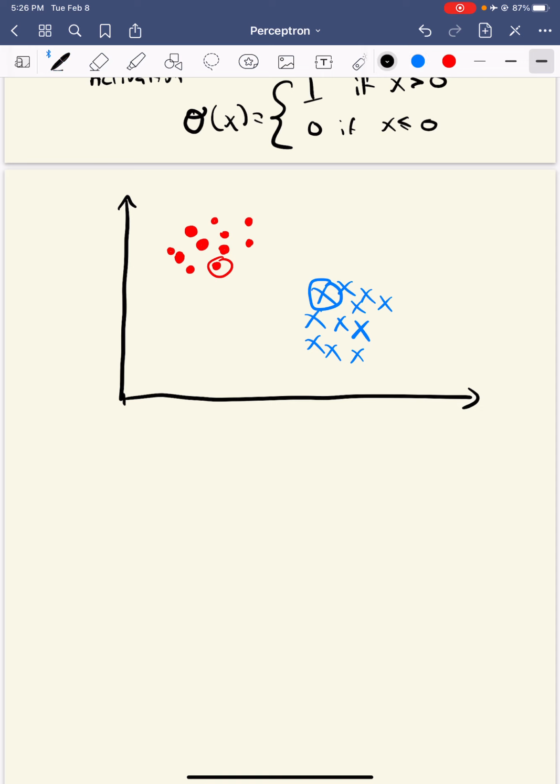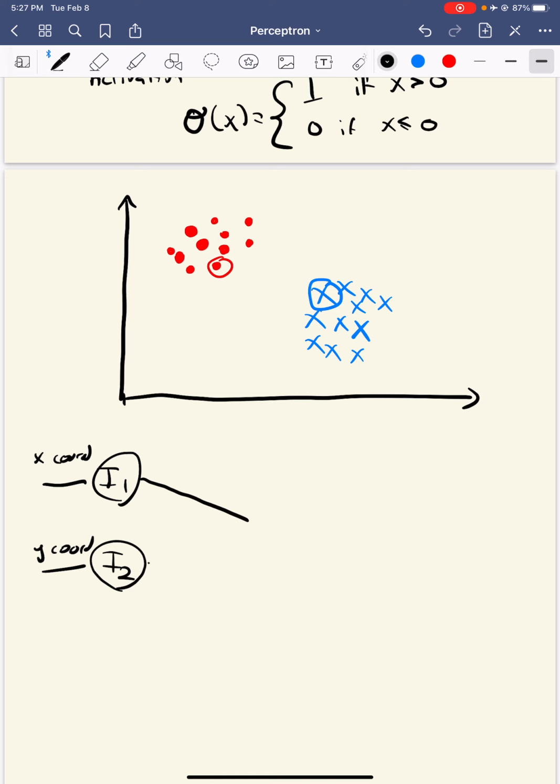Then I will claim that the following perceptron can actually solve this classification problem to separate the two. So this is your x coordinate, which is going to be your first input, and this will be your y coordinate, your second input.